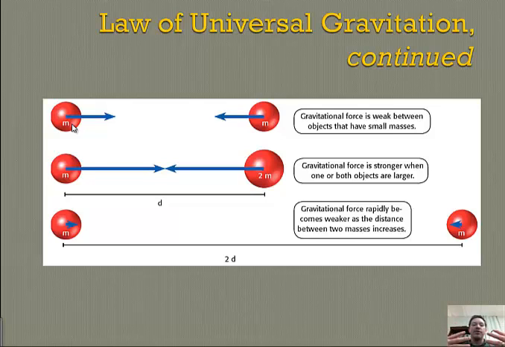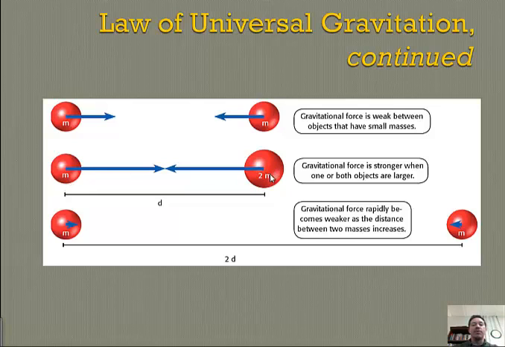The gravitational force, represented by our blue arrows, is very weak, so we don't draw those arrows as long. When we've got a greater gravitational force, we draw those arrows a little bit longer to show that there's more attraction because we doubled the size of one of our objects.